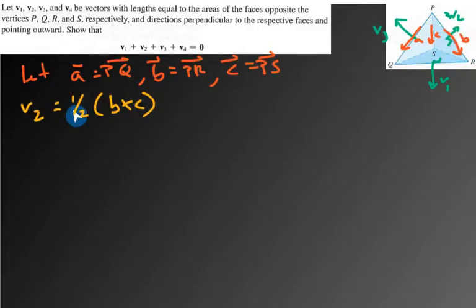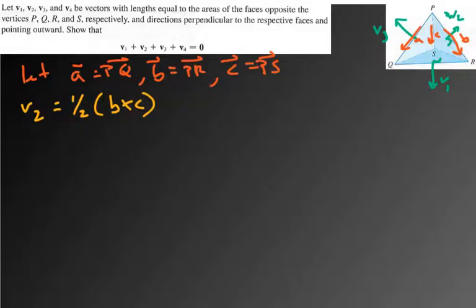The reason it's half is because the vectors have lengths equal to the area of the faces, and we know that when we do the cross product, the magnitude is equal to the area of the parallelogram formed by the two vectors. Since we want the triangle, we just have to chop it in half.